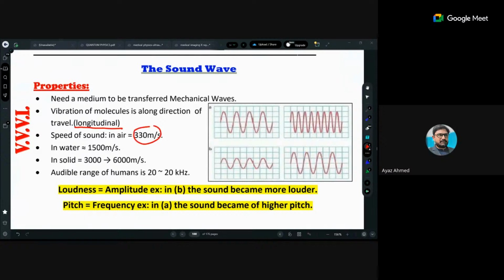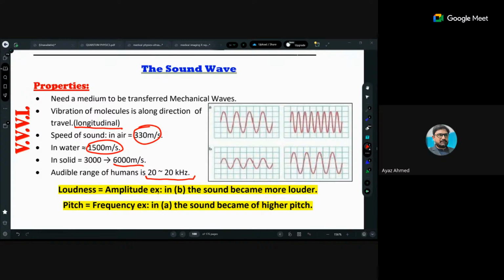Speed of sound is 330 meter per second in air, 1500 meter per second in liquid, and almost 6000 meter per second in solid. Audible frequency range for humans is 20 Hz to 20 kilohertz. Okay. Is it clear? This is the summary for the sound properties.